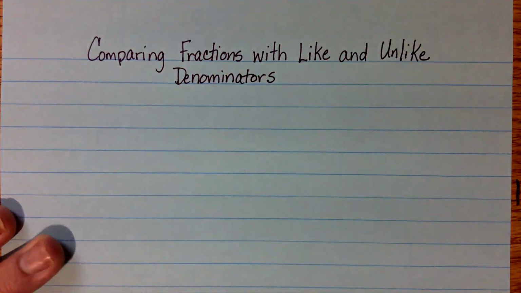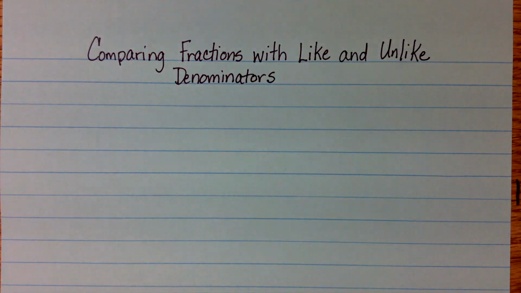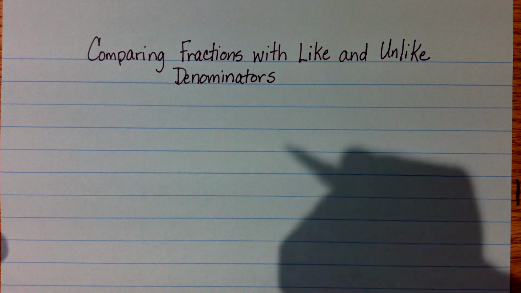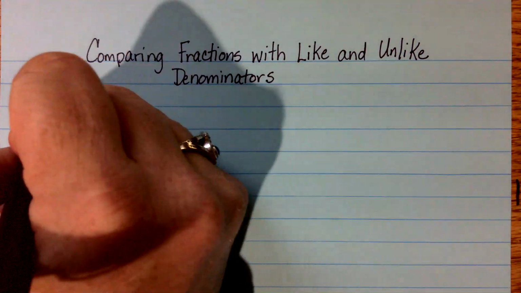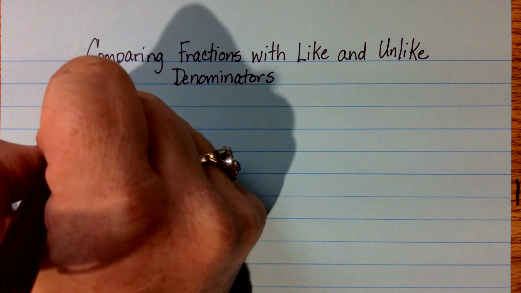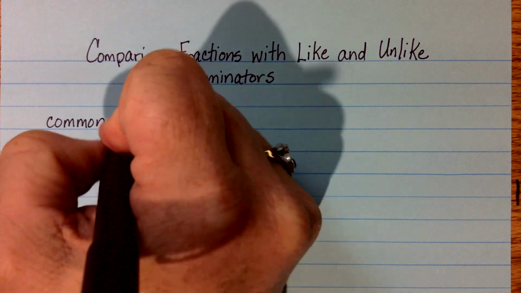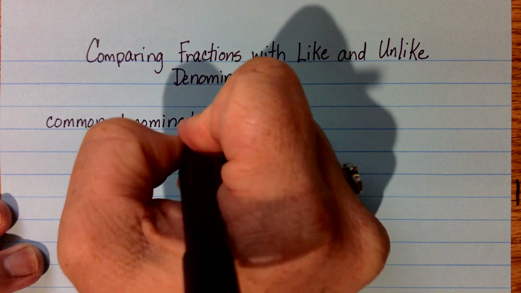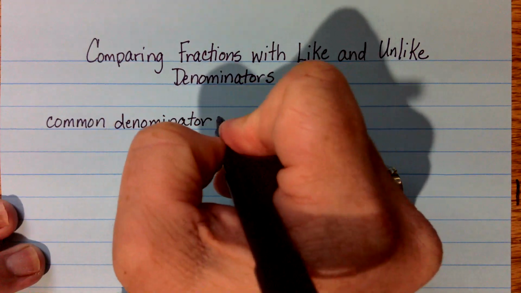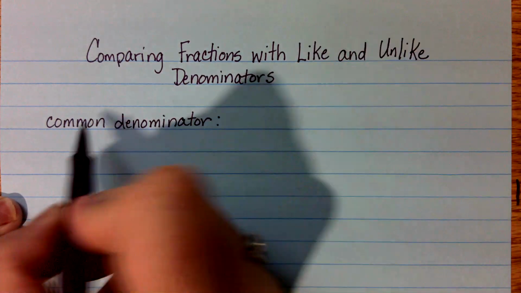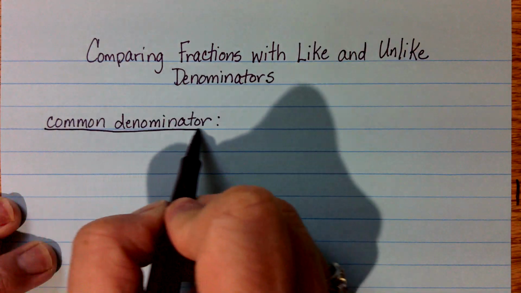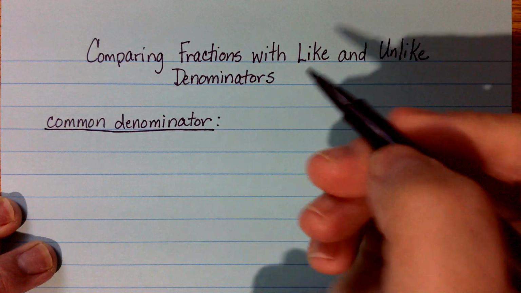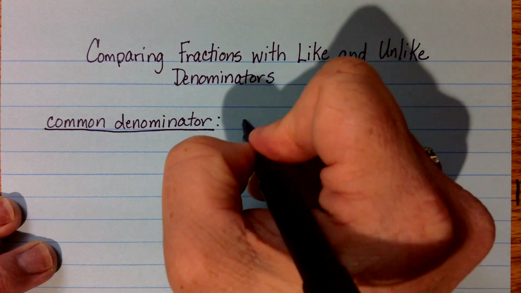All right, so there are a couple of vocabulary words that you will want to know. One of those is common denominator, and that's just a denominator that two or more fractions have that are the same. So it means that the denominators are the same.